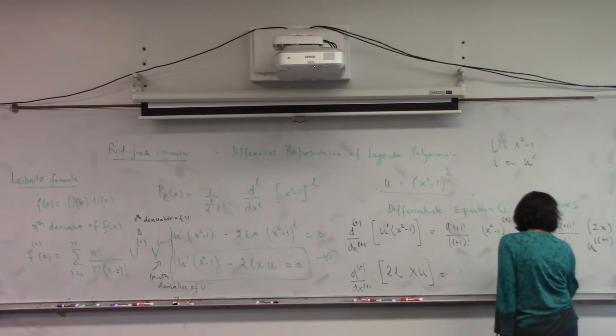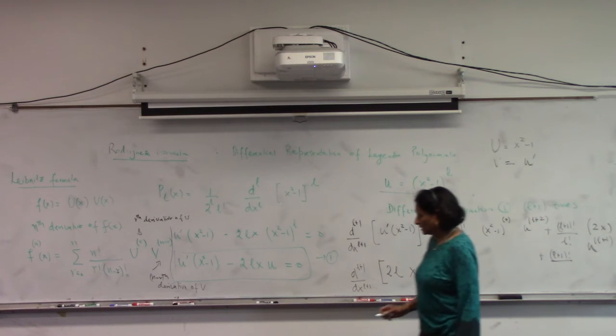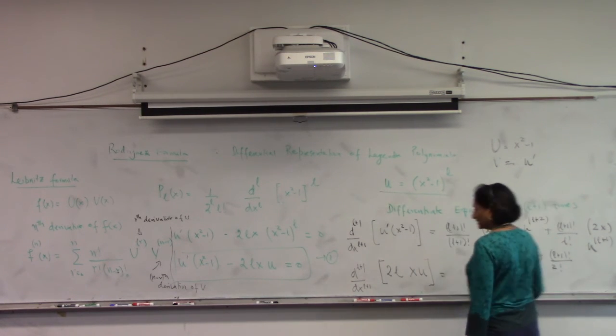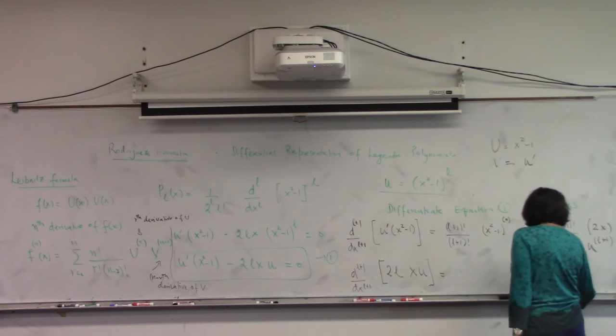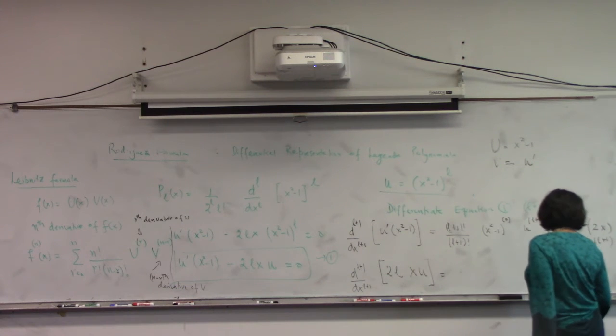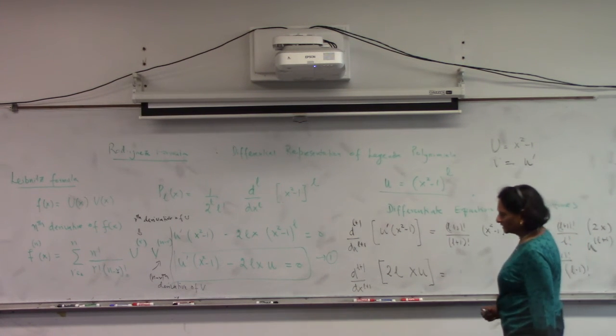similarly L plus 1 factorial. This is the r equal to 2 term, right? 2 factorial should be there in this case. And L plus 1 minus 2, which is L minus 1 factorial, correct?